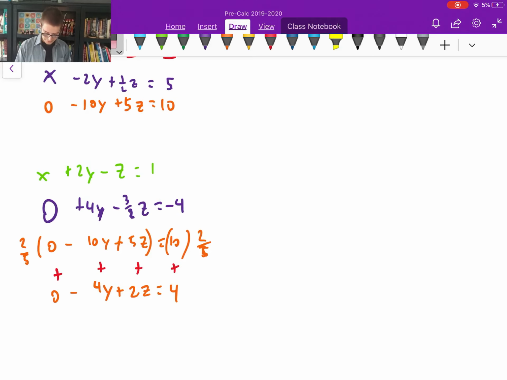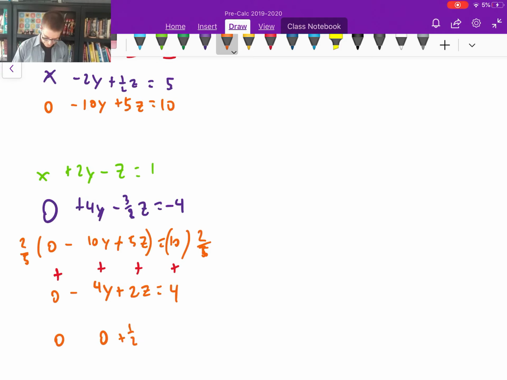So that will give us, let's see, 0 plus 0 is 0, negative 4y plus 4y is also 0, and negative 3/2 z plus 2z would be negative 1.5 plus 2, which is 1/2 z.